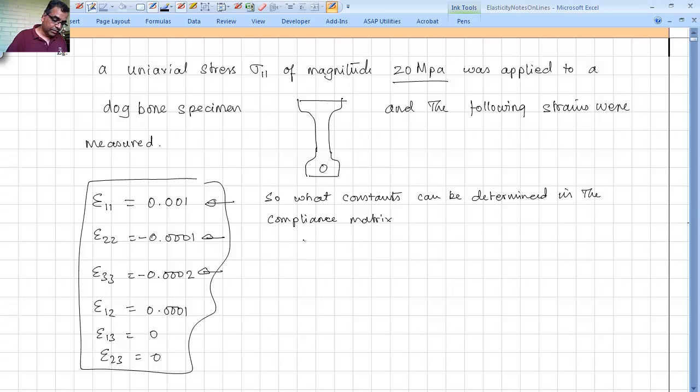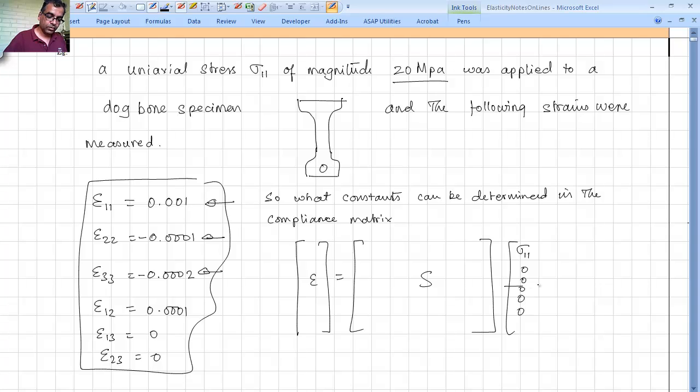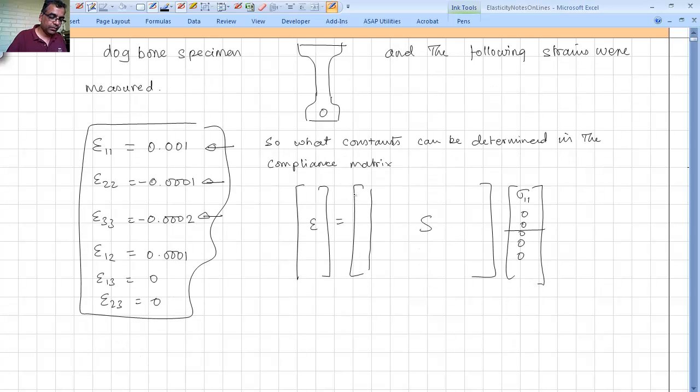According to our compliance matrix, epsilon will be equal to S times sigma, and this is sigma 11 and zeros. So there's 6 entries. Can you see that? If you do this multiplication, the first column will be found because that's the only thing that matters.